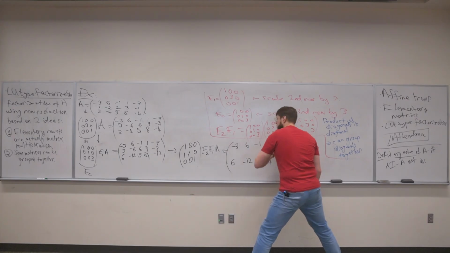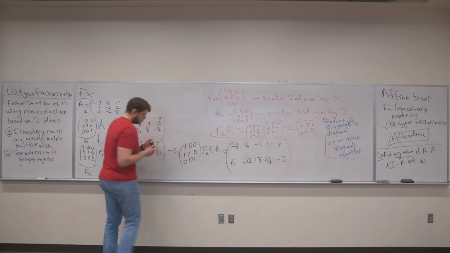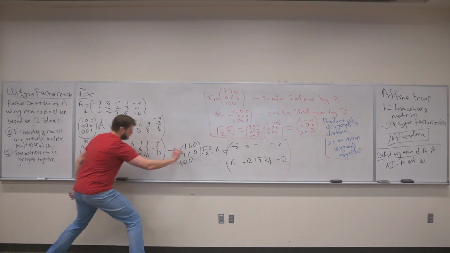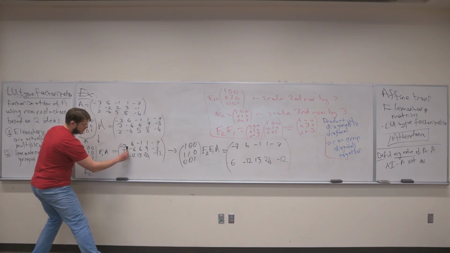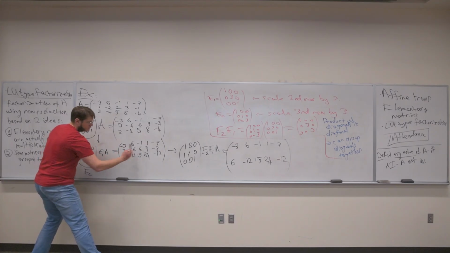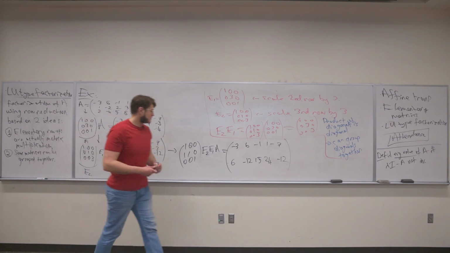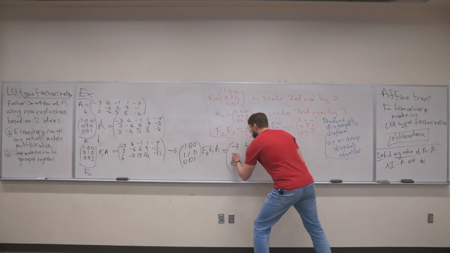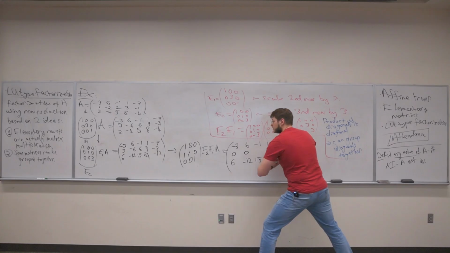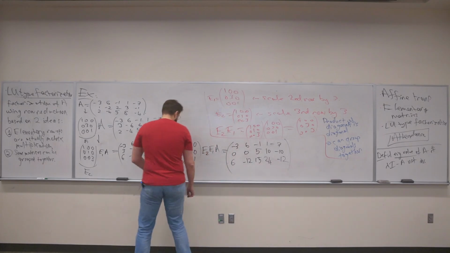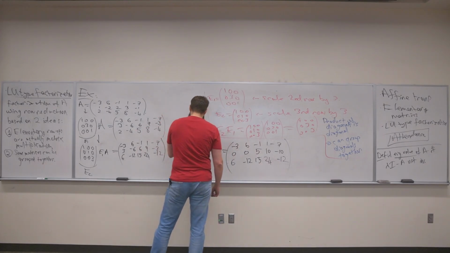However, let's see what the second row turns into. I take 1, 1, 0, multiply, add these two together. That's 0, 0, 5, 10, minus 10. Like this. 5, 10, minus 10. And so this, let's call it E3.